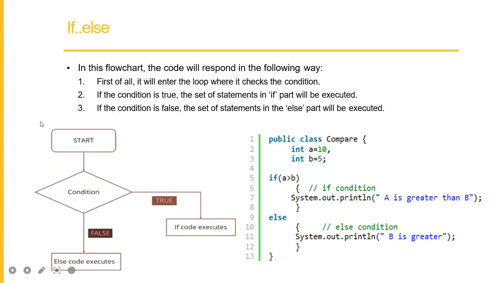If the condition is false, then the false part will be executed. Here in the flowchart, when you come up with the condition, it checks the input based on the condition. If the condition is true, the if block, or true block, will be executed. If the condition is false, then the else code, or false block, will be executed.